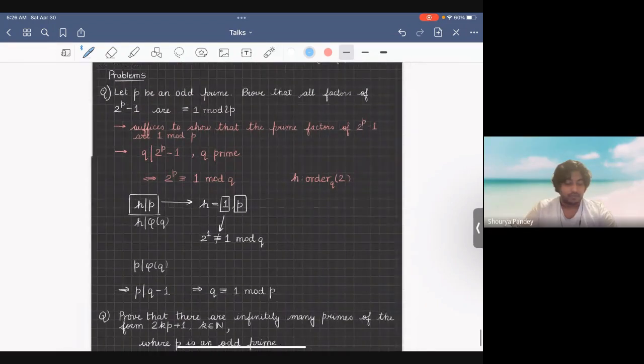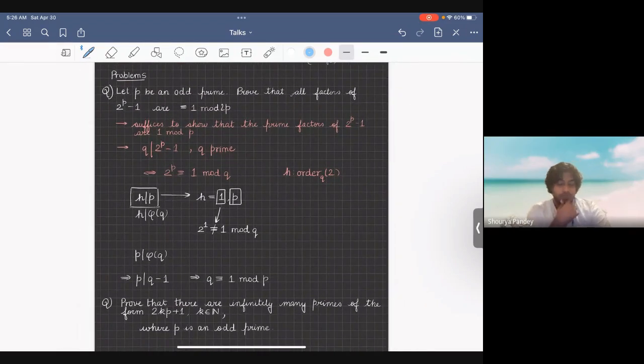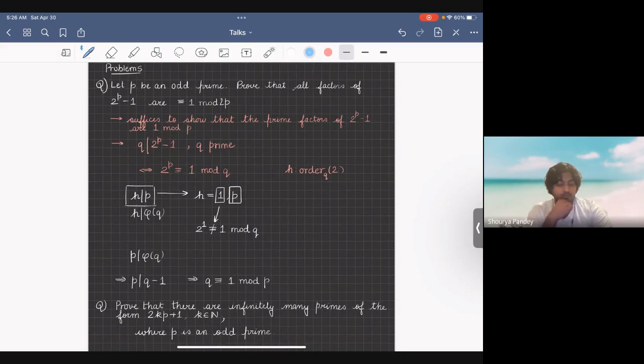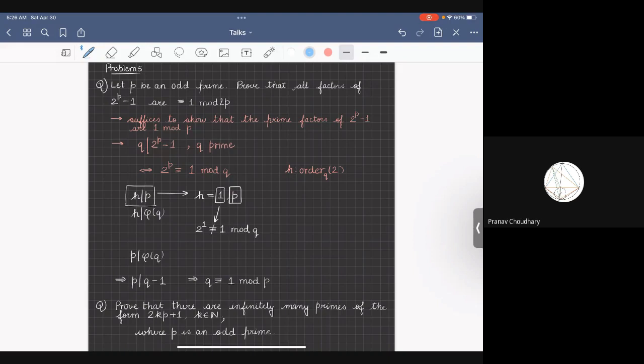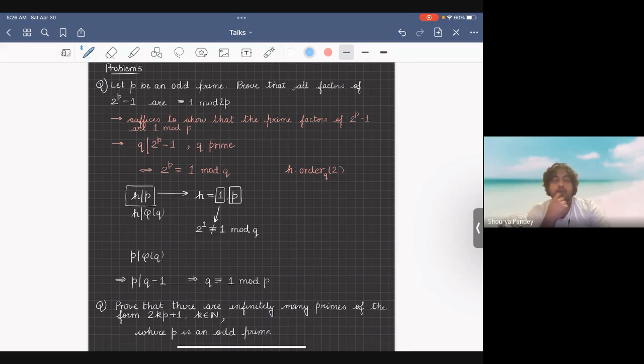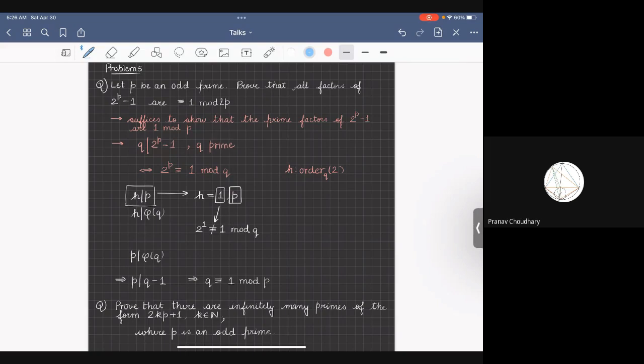I forgot the question. I think it would work: all the factors of 2 to the power kp minus 1 are congruent to 1 mod 2p if k is a prime greater than p.